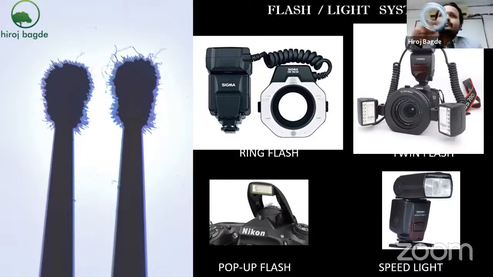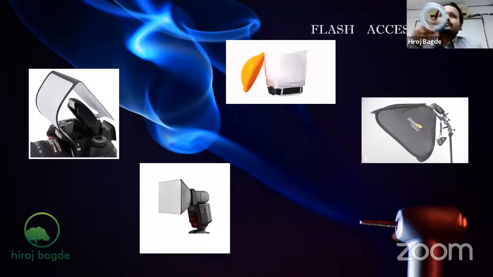Whatever details you get are because of what lights you are using, what lenses you are using, and what flash system is there. So, diffusion of flash light along with a good quality lens. Your camera doesn't matter, because a basic camera will also do, but it should have some basic capabilities of a DSLR.